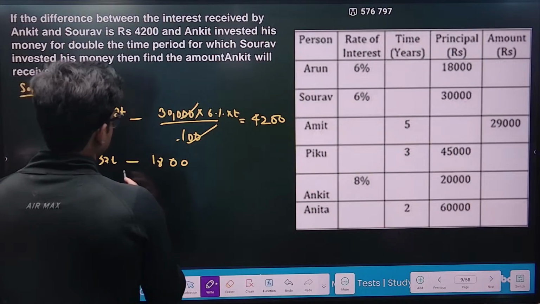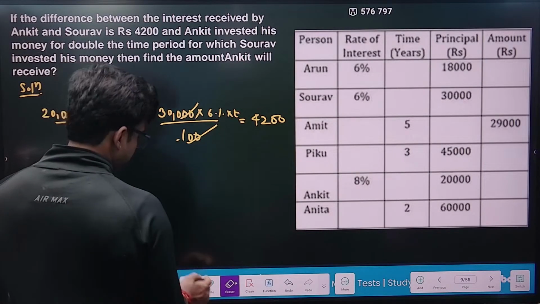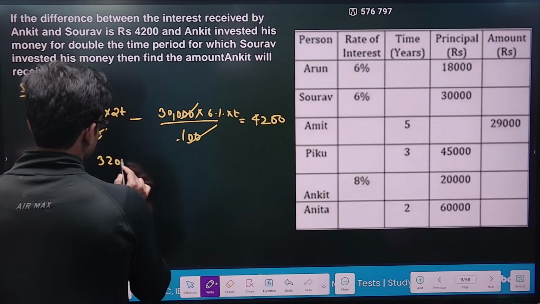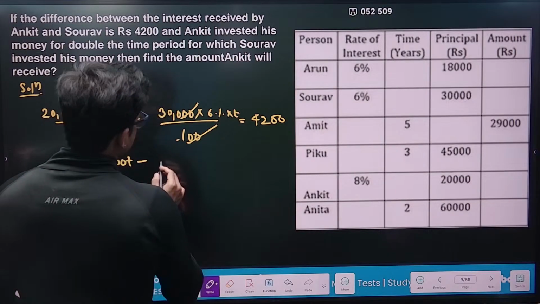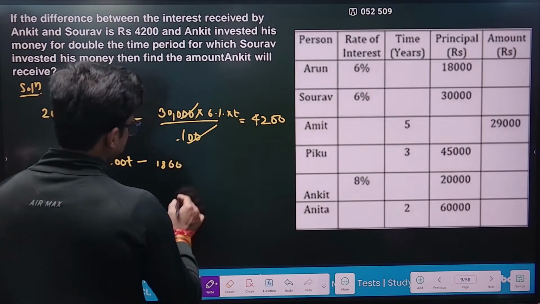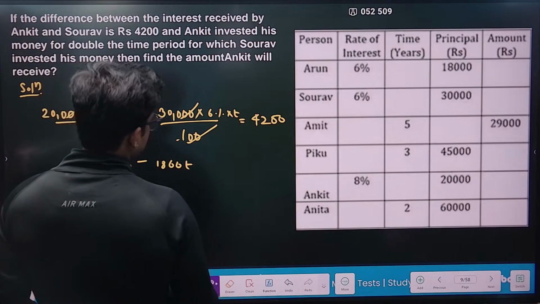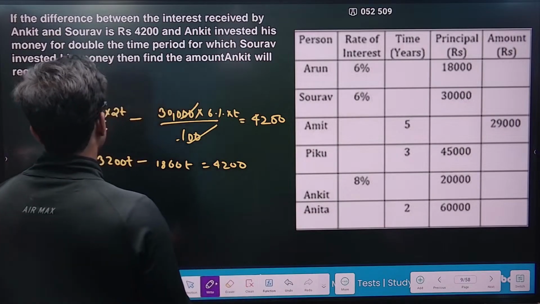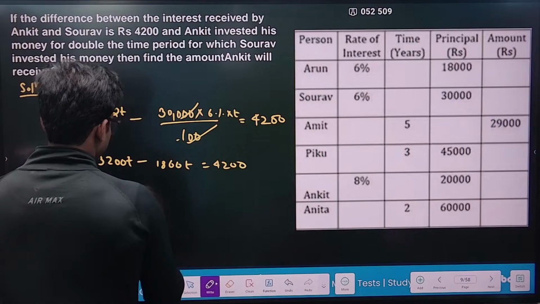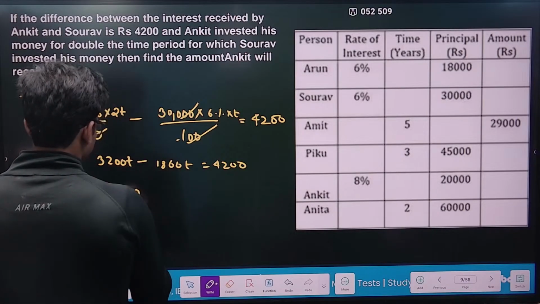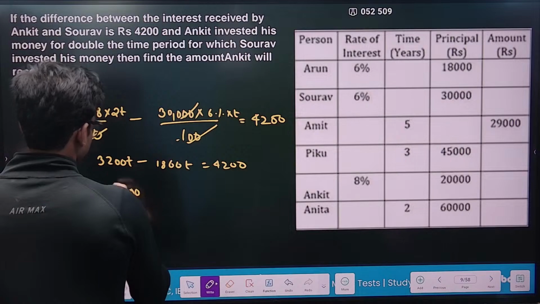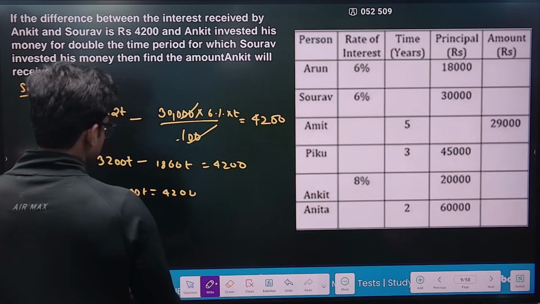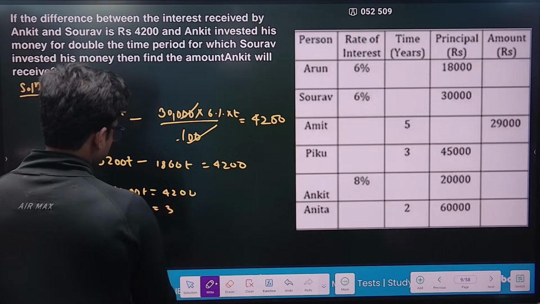Wait. So t minus 18 into t, double 0. Now 1400 t equals 4000, so t equals 3.